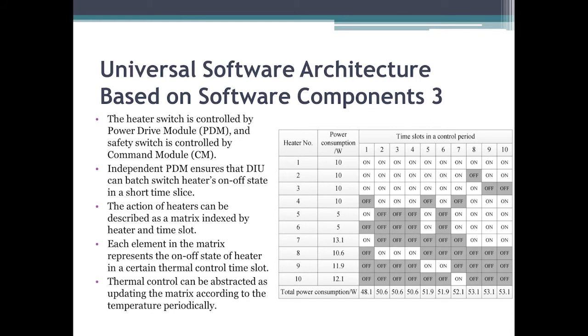We can see there are 10 time slots in a control period. So each element in the matrix represents the on-off state of a heater in a certain thermal control time slot. Thermal control can be abstracted as updating the matrix according to the temperature.